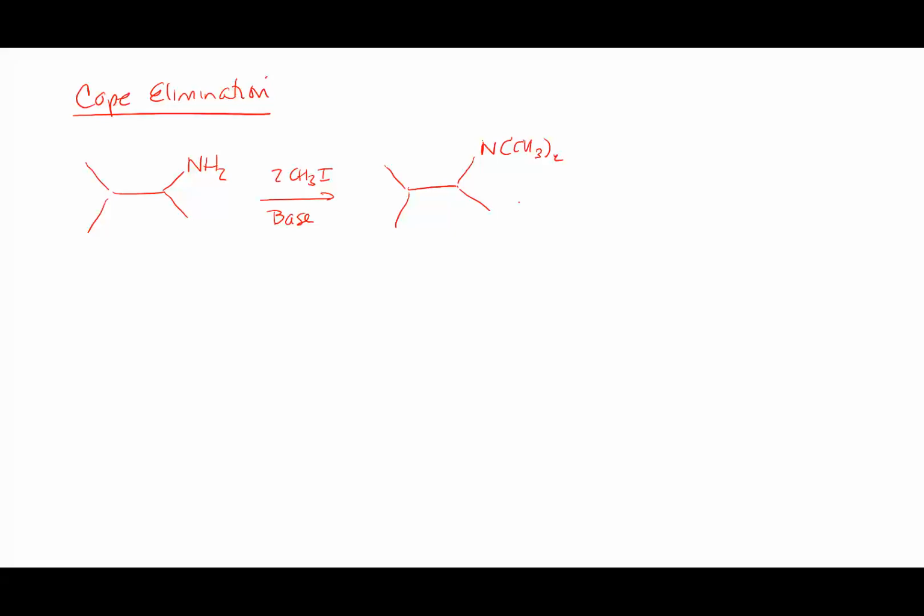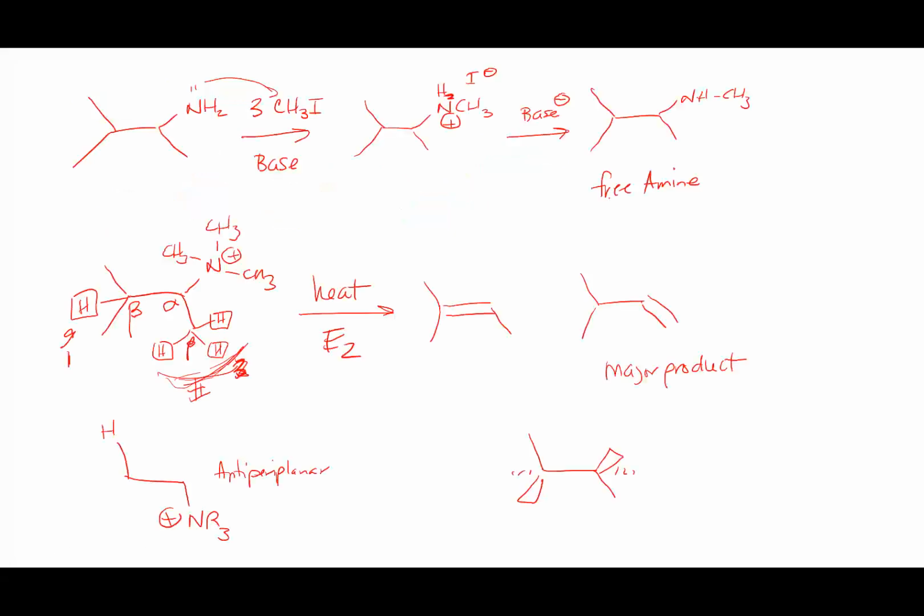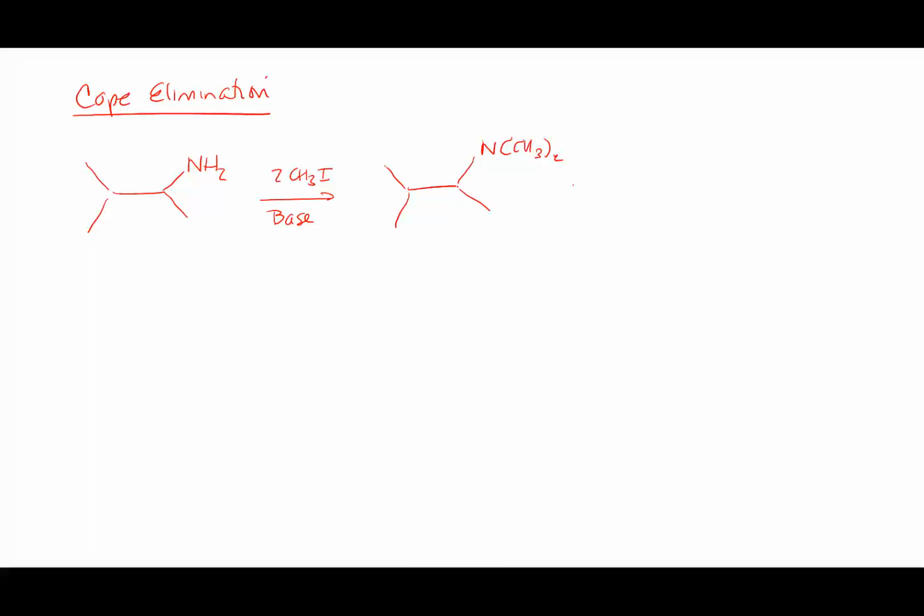And now I'm going to oxidize it, by treating it with an oxidizing reagent. Something like peroxy acid works well. Hydrogen peroxide might work well as well. So there's a lot of different amine functional groups.